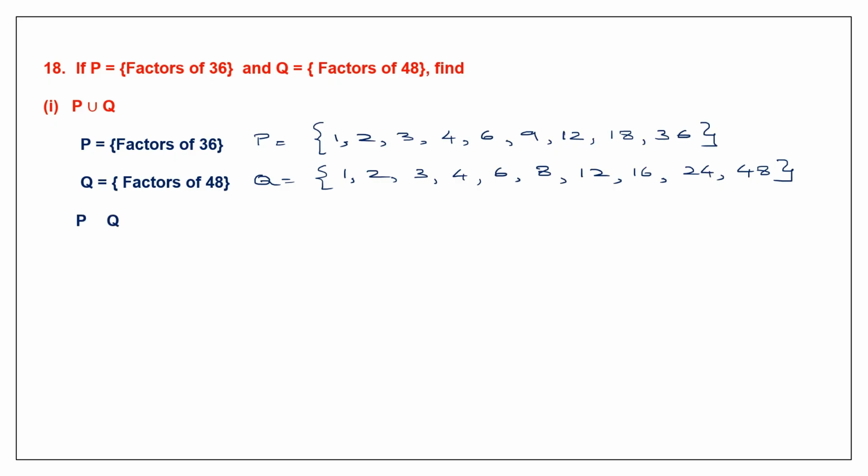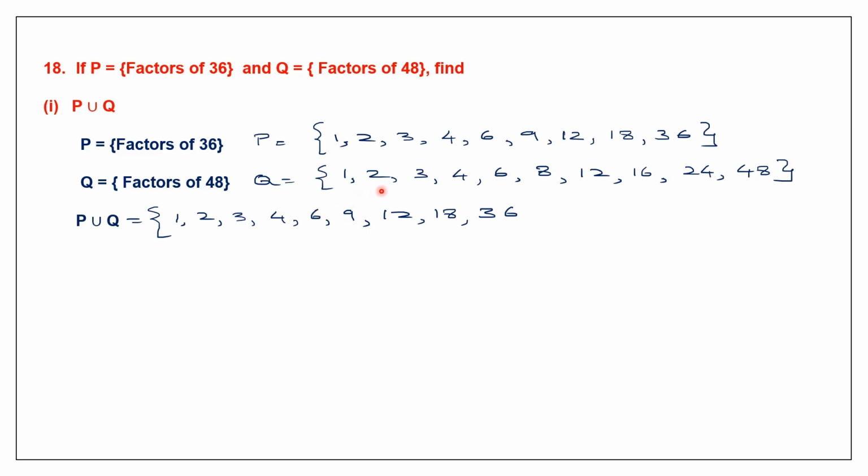So let's write P union Q. So let's begin with all the elements of set P. So 1, 2, 3, 4, 6, 9, 12, 18, 36. Now let's look at the elements of set Q. If there's anything that is already here, we will not repeat.